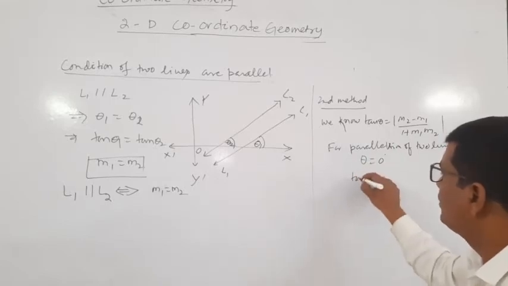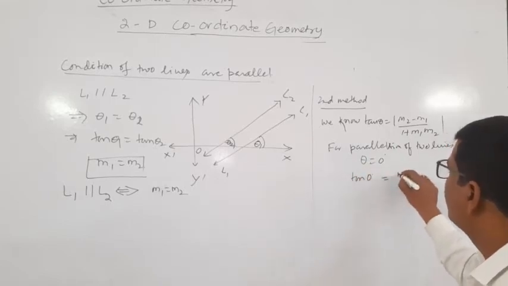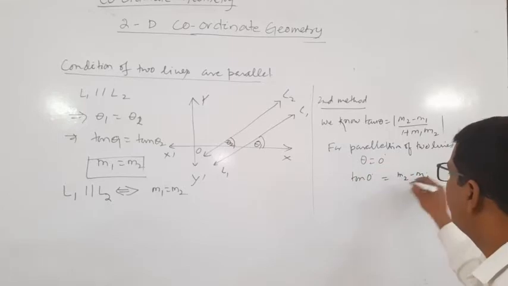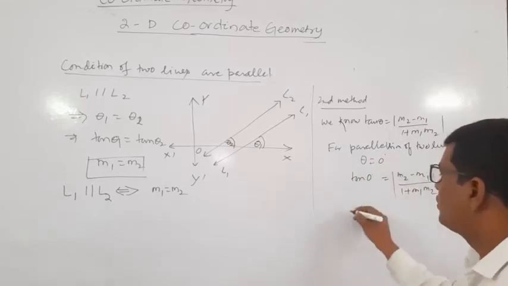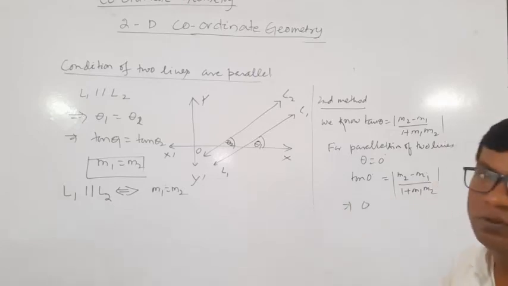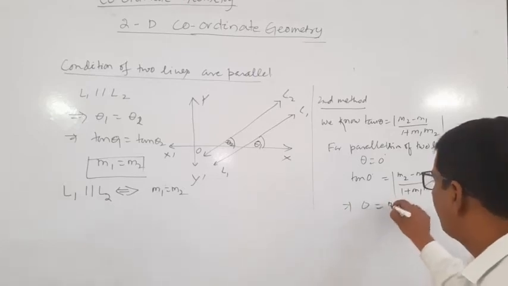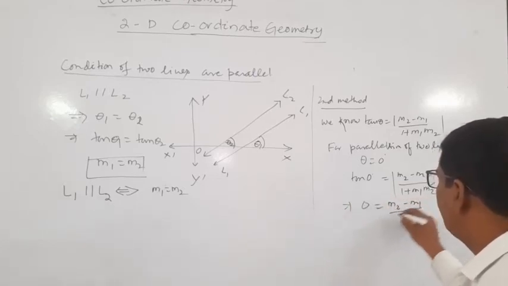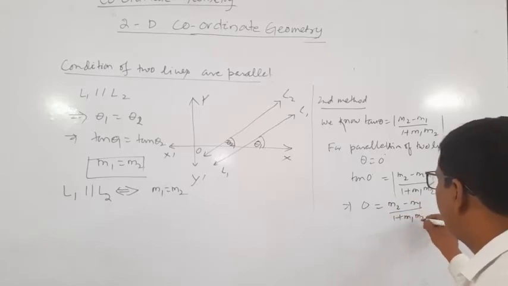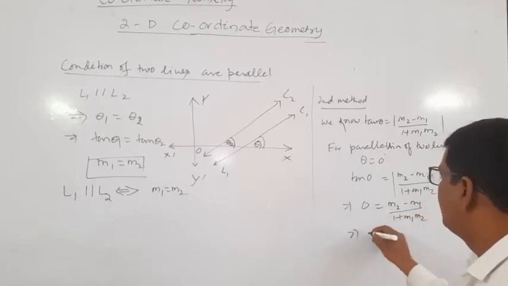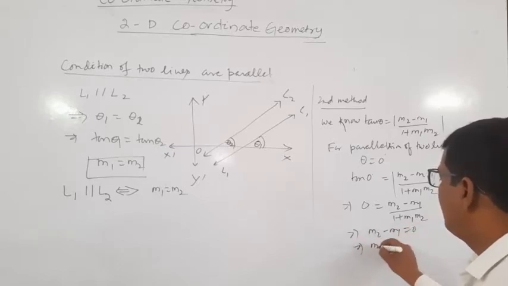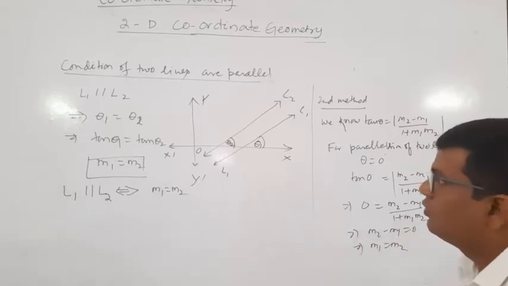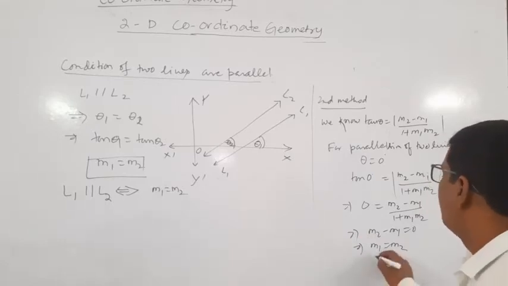So tan 0 is equal to (m2 minus m1) divided by (1 plus m1 into m2). So tan 0 is equal to 0. That implies m2 minus m1 is equal to 0. We can write m1 is equal to m2. This is the condition for parallel.